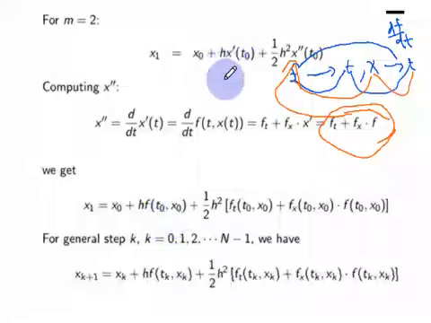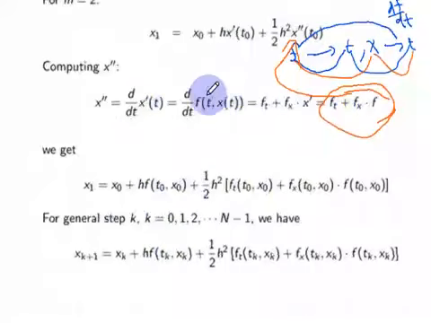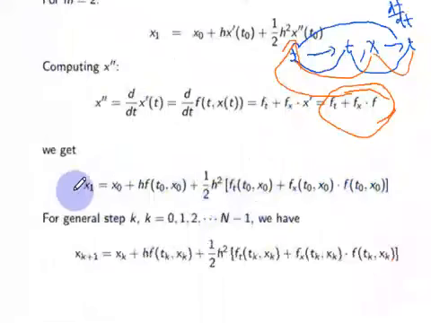Because x prime is f of t comma x, so the function value at t naught is f of t naught comma x naught, right, plus 1/2 h squared, and plug this in, right, this one. So this one is the second order, m equals 2 case. This one is called the second order Taylor series method.